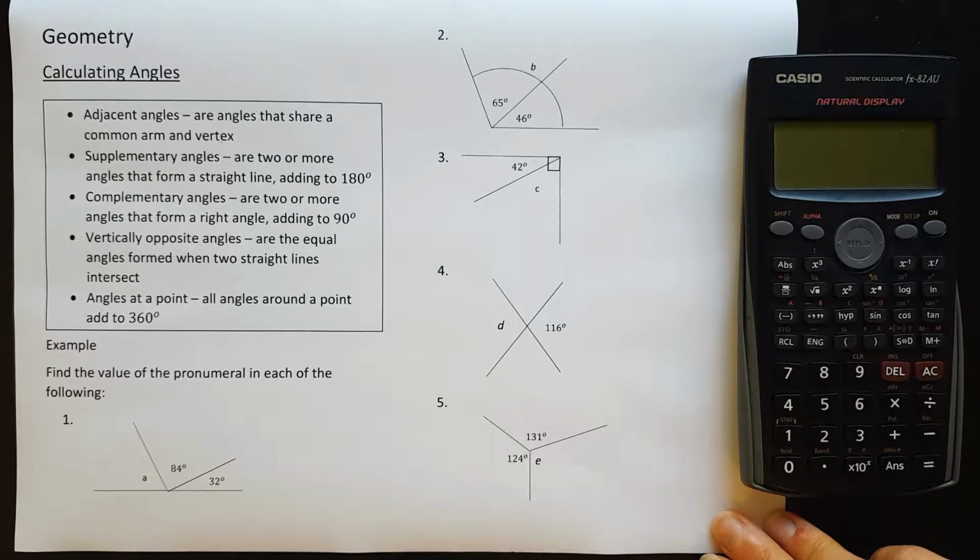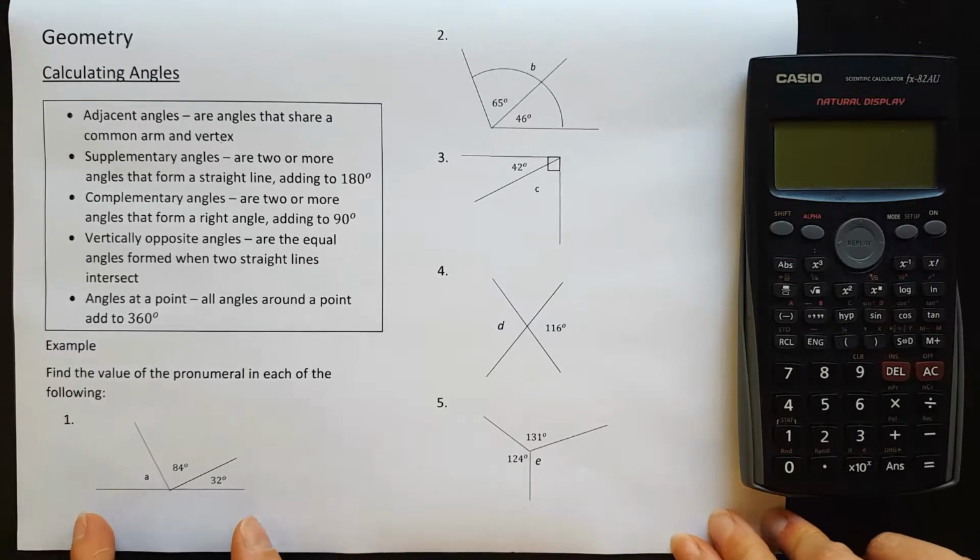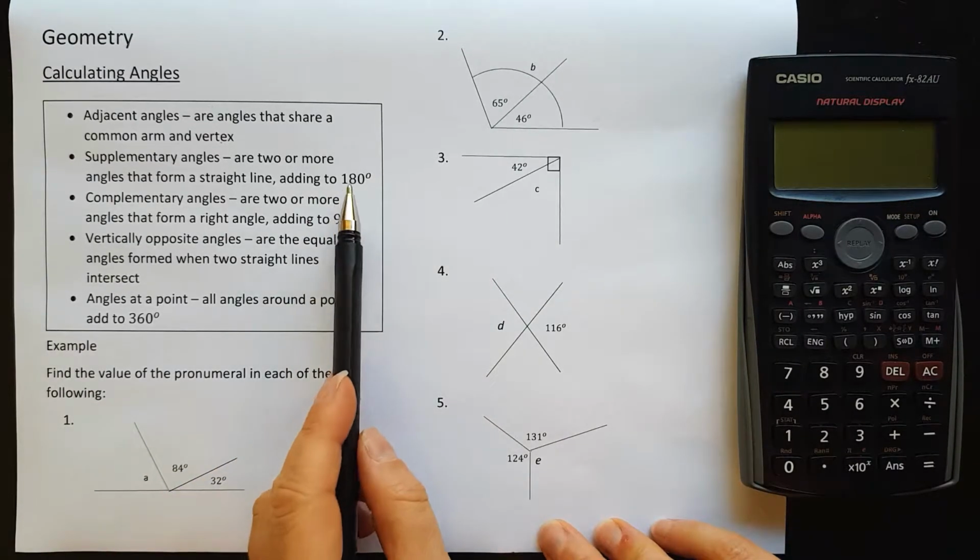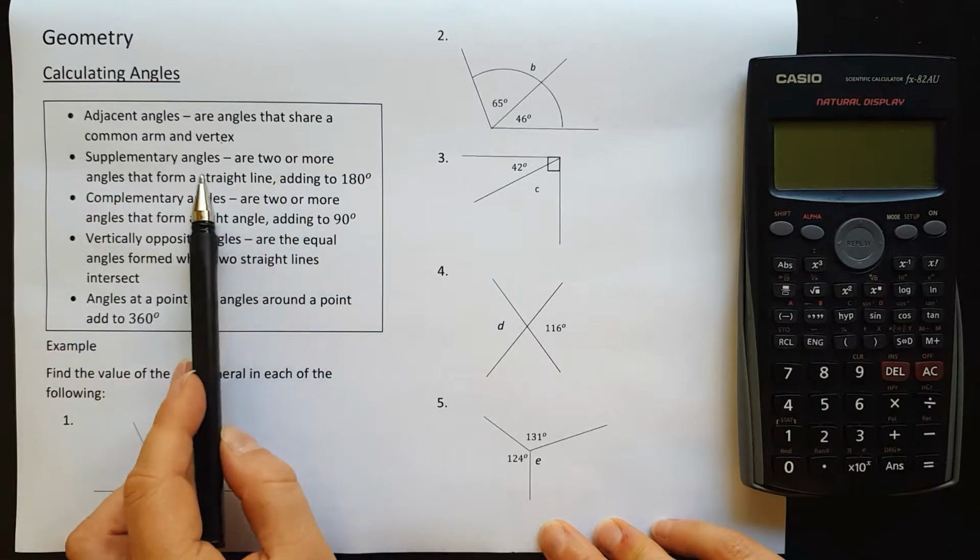Find the value of the pronumeral in each of the following. First of all, we want to find the value of A. We have a straight line here broken up into three angles. Those angles will add to give 180 because they are called supplementary angles.